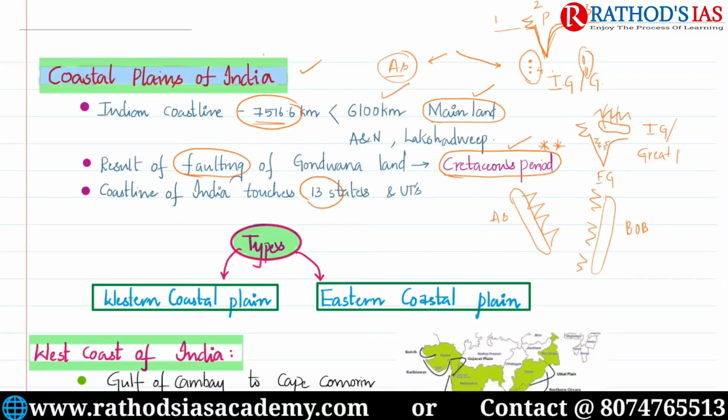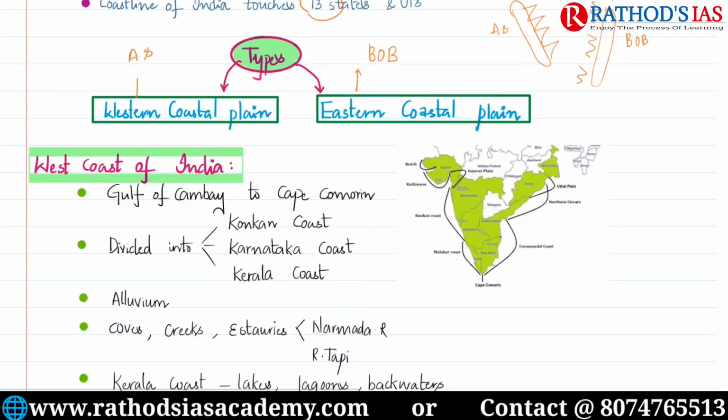The west coastal plain is present along the Arabian Sea, and the east coastal plain is located along the Bay of Bengal. This is the one thing that you have to be clear about. When we are talking about coastal plains, there are two types. The first one is the west coastal plain and the second one is the east coastal plain.